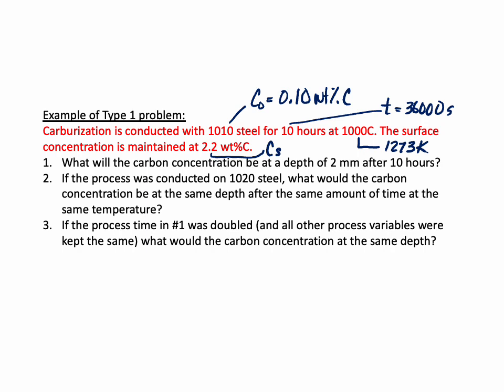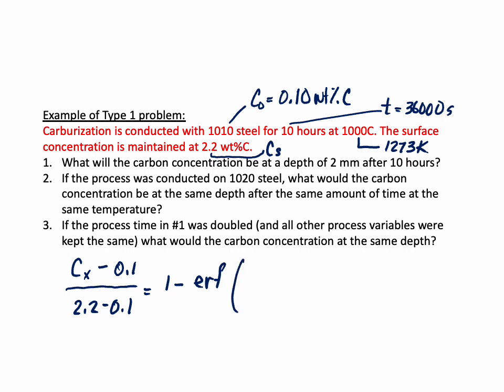So writing out my equation, on the left I've got C sub x, which is my unknown, minus 0.1, which is the C0, divided by C sub s, 2.2, minus C sub 0, 0.1, is equal to 1 minus the error function.